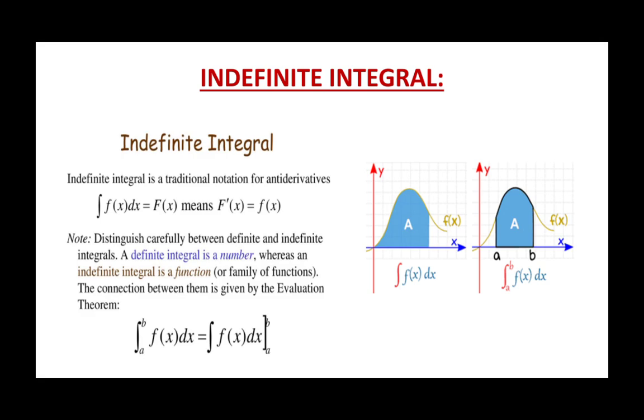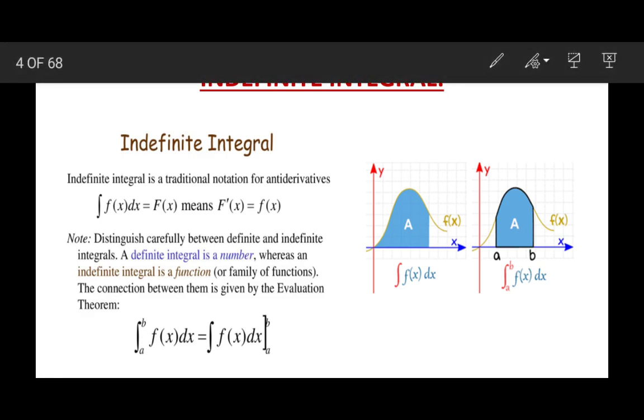An indefinite integral is a traditional notation for antiderivatives. This integral is denoted by this symbol. This symbol is used to denote the integral. So integral f(x) dx, suppose, is equal to F(x).